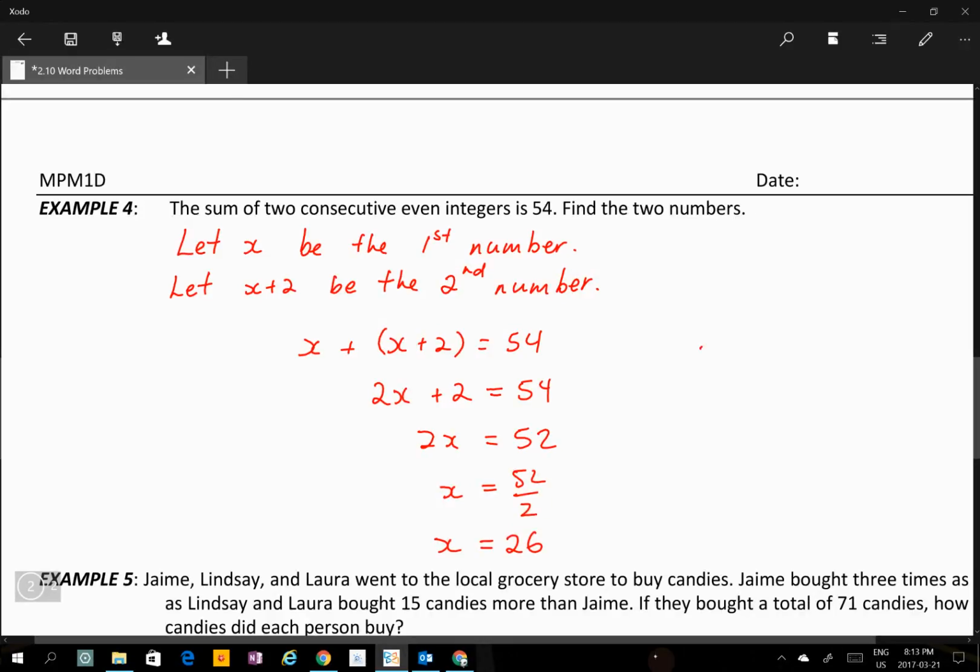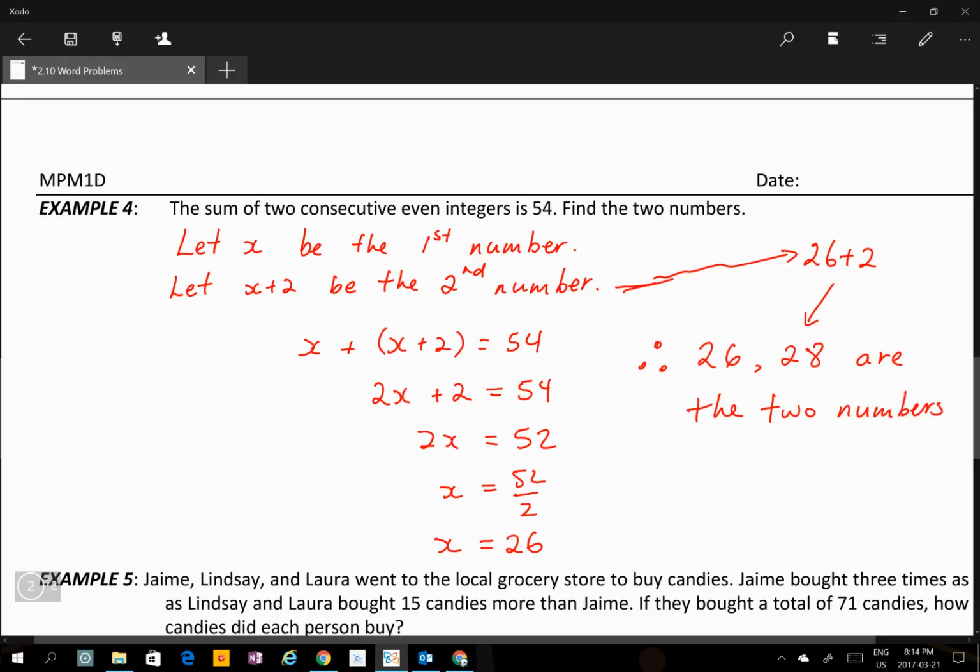So if the first number is 26, then 26 and 2 more is going to be 28. So 26 and 28 are the two numbers. Okay, and again, a reminder, 28 comes from 26 plus 2, from this let statement.